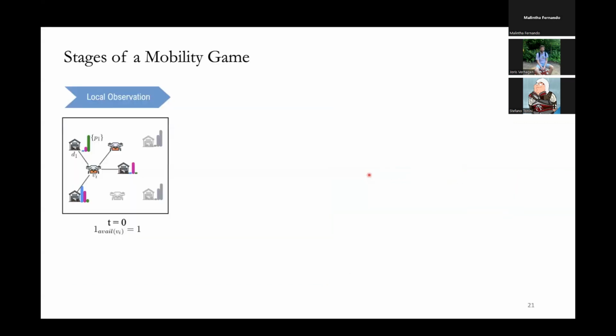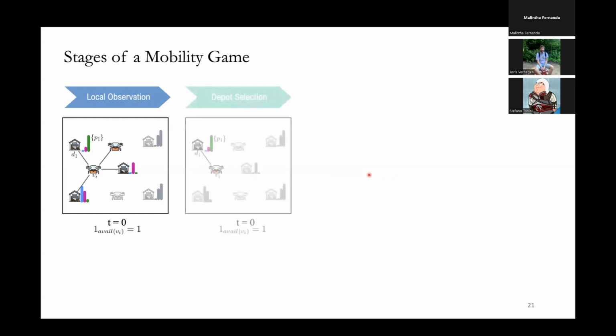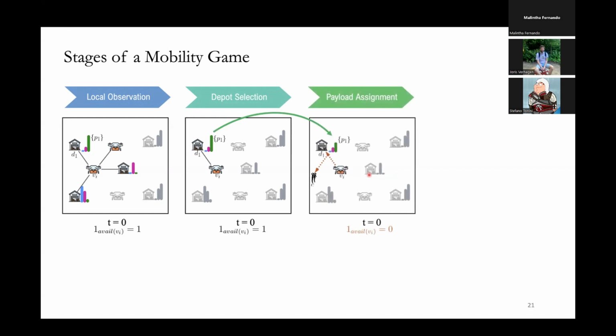We formulated this mobility problem as a game. At the beginning, we have a robot, and we mark this robot as an available robot, and it can observe the local environment, i.e. the depots nearby, and each depot indicates the availability of different types of payloads. Then the vehicle uses a learned policy to choose a depot that it wants to go to next. The depot uses a payload assignment function to assign a payload from its queue to the vehicle.